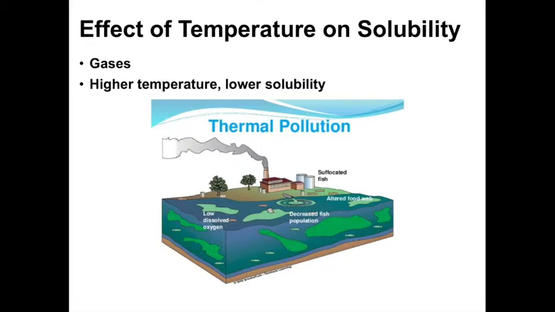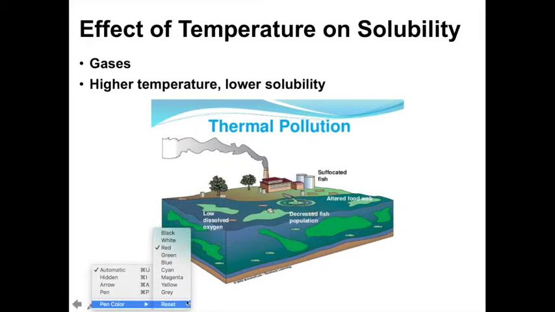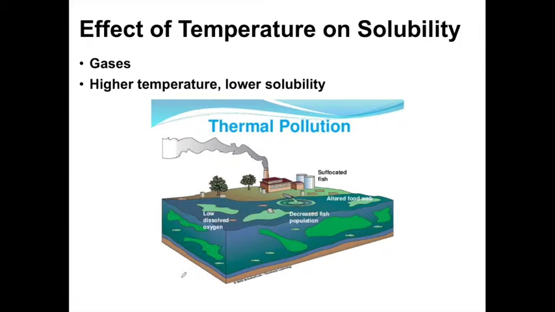So we will discuss two factors that affect the solubility of a substance in a certain solvent. So these two factors are temperature and pressure. So for temperature, we will only tackle the effect of temperature on gaseous solutes. So for gases, the relationship is indirect.